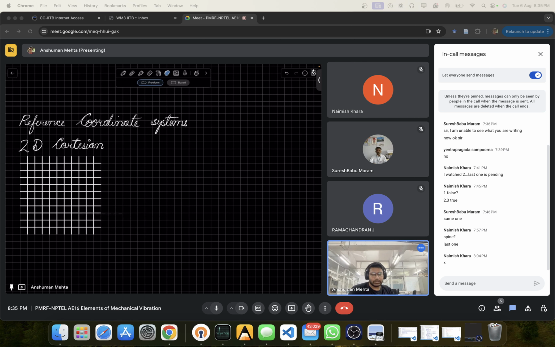Cartesian 2D coordinate system, then 2D polar coordinate system.